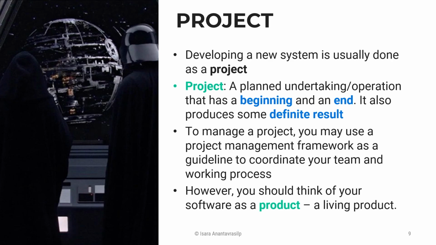And when Vader contacted his contractor to build the Death Star, he had to define that the Death Star is this large, it has this huge cannon made out of, I don't know, kyber crystal, and it chooses the planet. It has to have some definite result of what it can do. And then when should we begin the project and when should the project end.